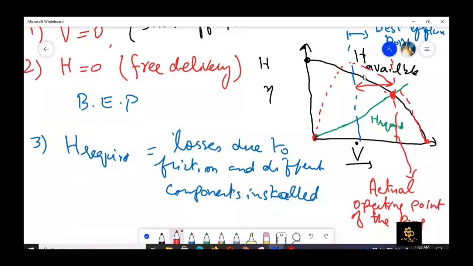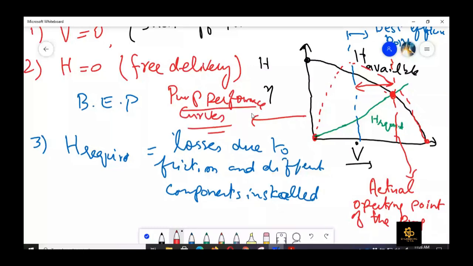We will extend this discussion in the next class. These are the practical things we are now discussing about pump selection. All these curves are called pump performance curves. Whenever you are in industry, you need to select a pump depending upon your requirement of flow rate, brake horsepower, and things like that.